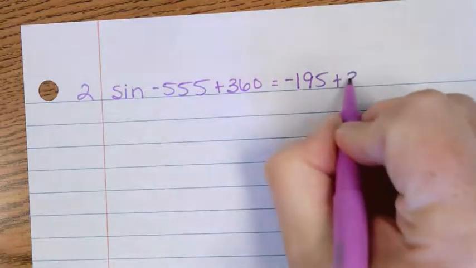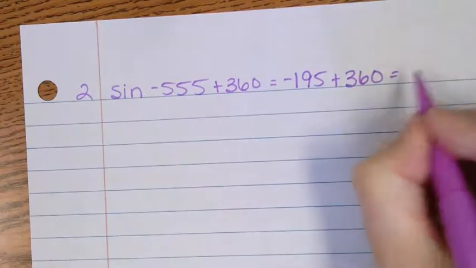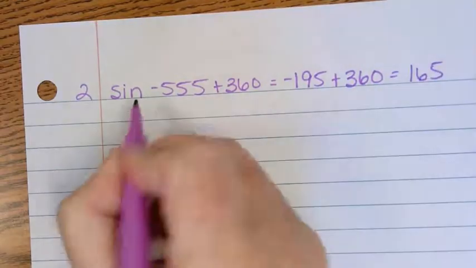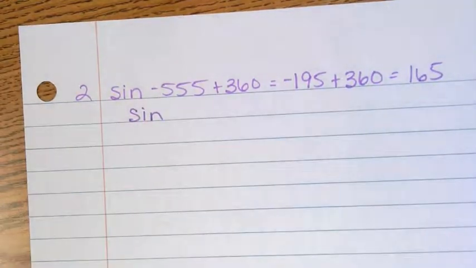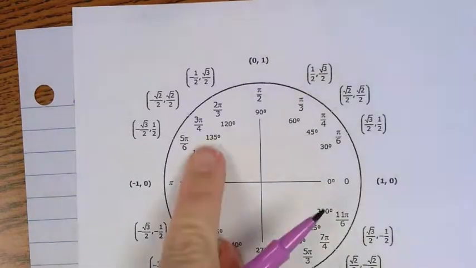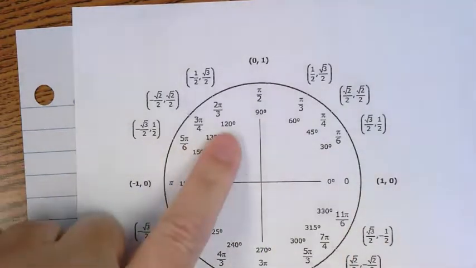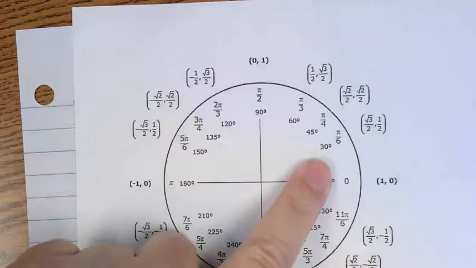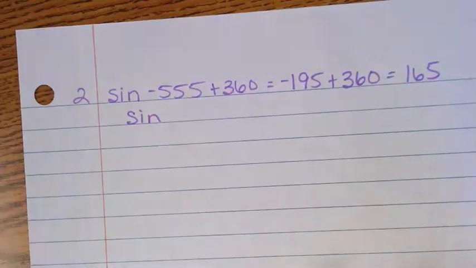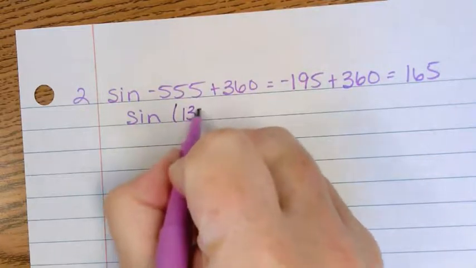So we're going to add 360 again. I get 165. So what two numbers add or subtract to give me 165? I'm going to use 135 and 30. Okay, again, could I use 120 and 45? Yes. So 135 and 30.